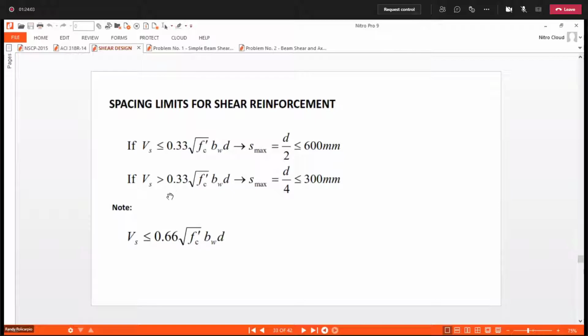Now, if VS is greater than this quantity, your S max is determined using these two criteria, d over 4 and 300. Whichever is smaller of the two, that will be your S max. Then also, we need to check that VS is equal or less than 0.66 multiplied by this quantity. So it is a requirement that your VS must be equal or less than 0.66 of this quantity.